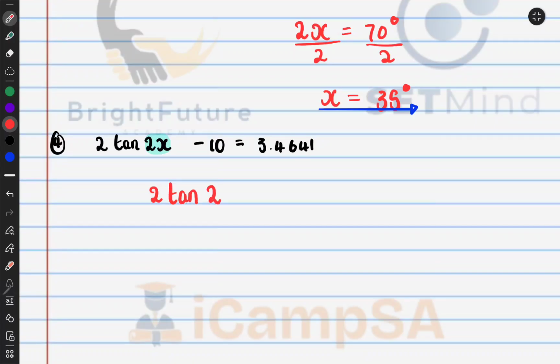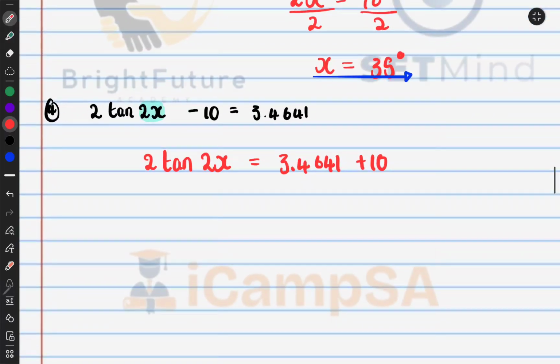Okay, so we're going to have 2 tan 2x. We take the 10 to the other side. This is equal to 3.4641 plus 10, and then we're going to have 2 tan 2x is equal to, 3.4641 plus 10 is going to be 13.4641.